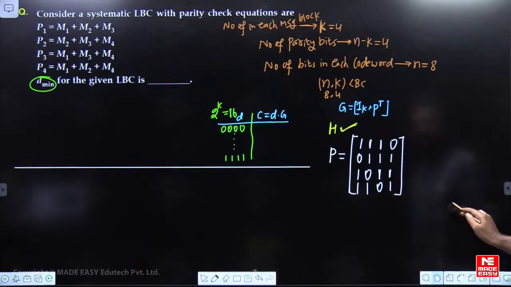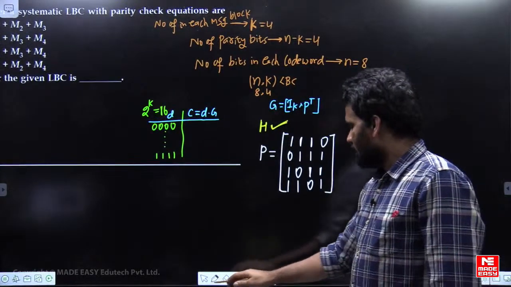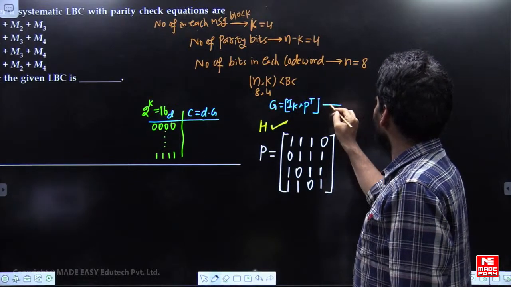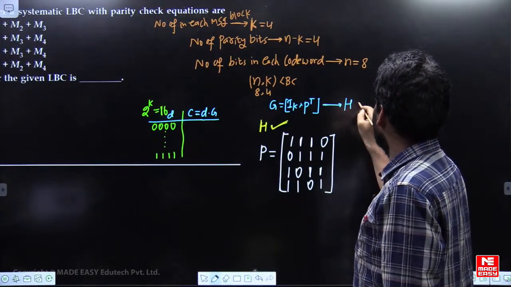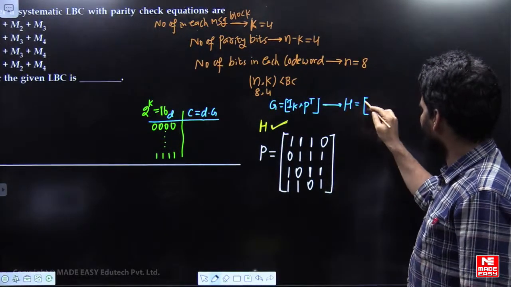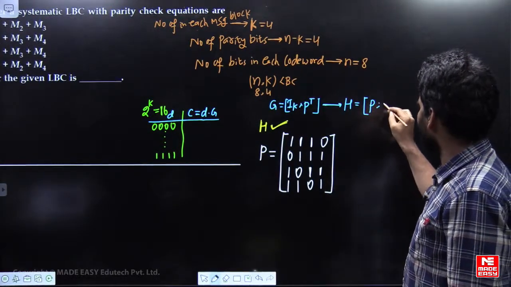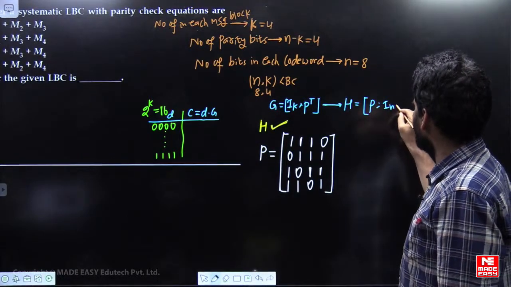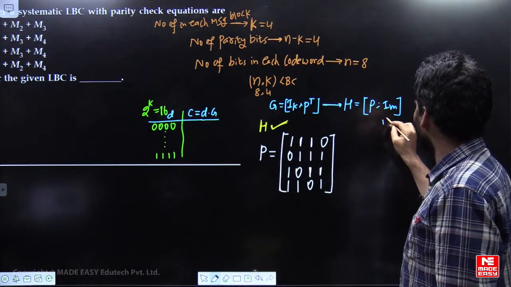So if G is [I_k P transpose], then what will H be? H will be P in the first part and the identity matrix in the second part, that is I_M.